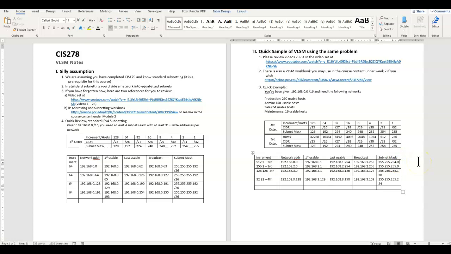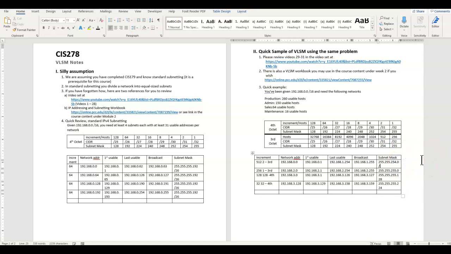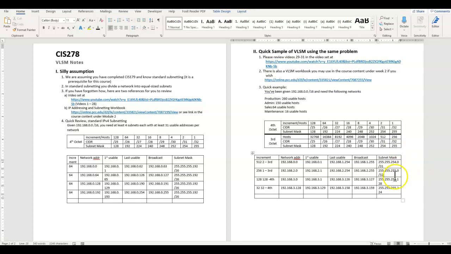So this 255, 255, 254, 0 right here is the same as CIDR /31. 255, 255, 255, 0 is the same as a /24. 255, 255, 255, 128 is the same as a /25. And 255, 255, 255, 224 is the same as a /27.